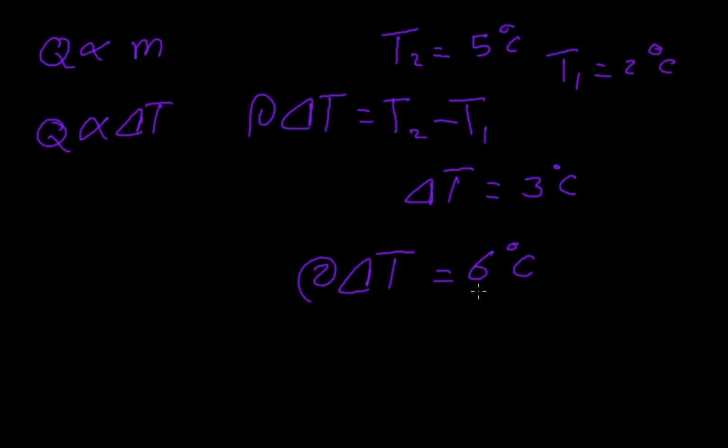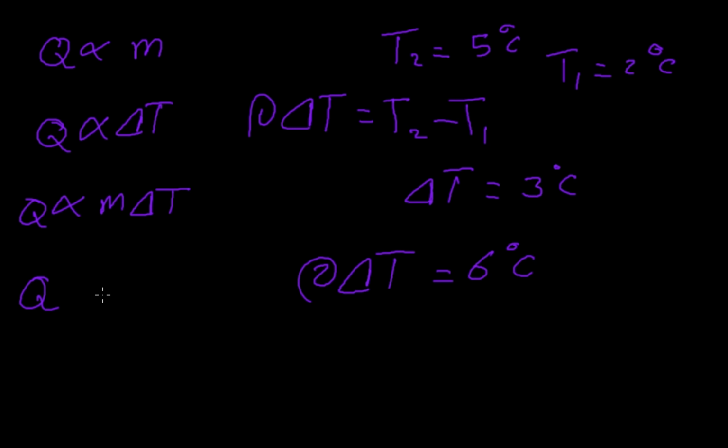We need more heat energy or quantity of heat to get 6 Celsius degrees in comparison to 3 Celsius degrees. So Q, or the quantity of heat, is directly proportional to delta T. So Q is directly proportional to M delta T.